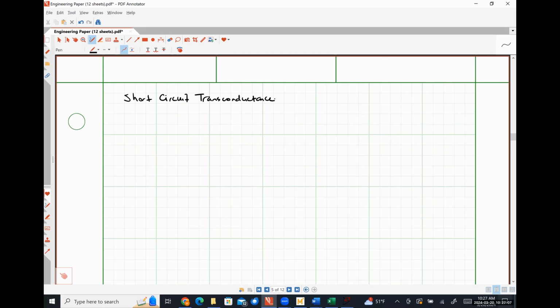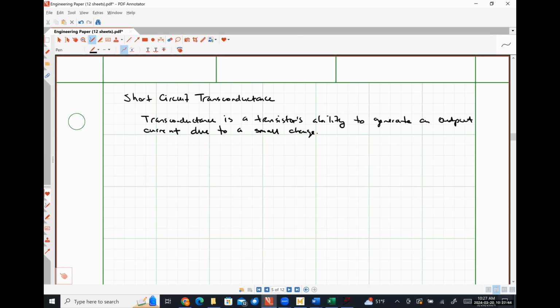So we have defined transconductance to be a transistor's ability to generate an output current due to a small change in its input voltage.